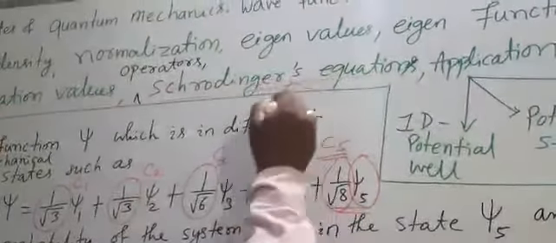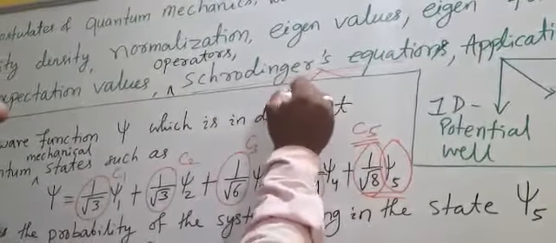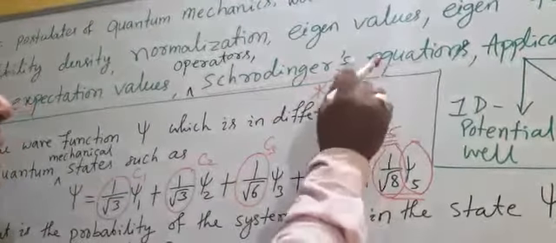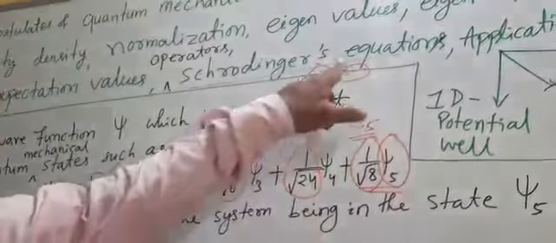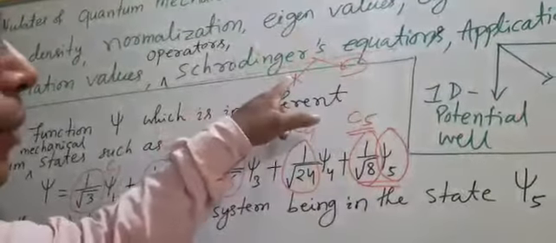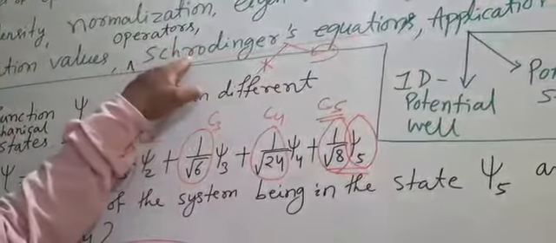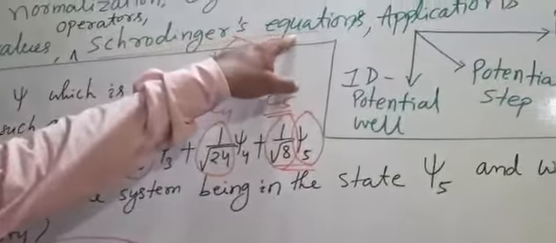Two types. Time independent means there is no time term there. Time dependent means there is a time factor, a time derivative. So in time dependent there is a time derivative. In time independent there is no time derivative. So you check the note and write the Schrodinger equations.